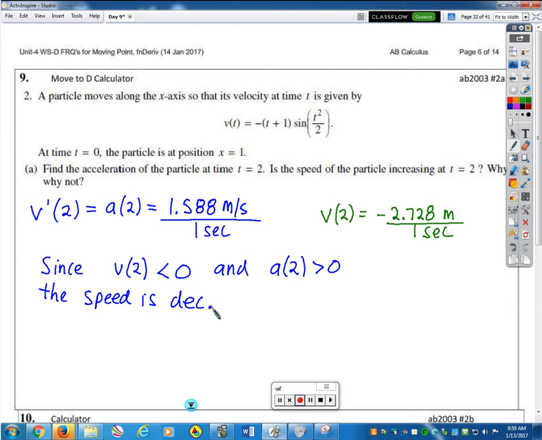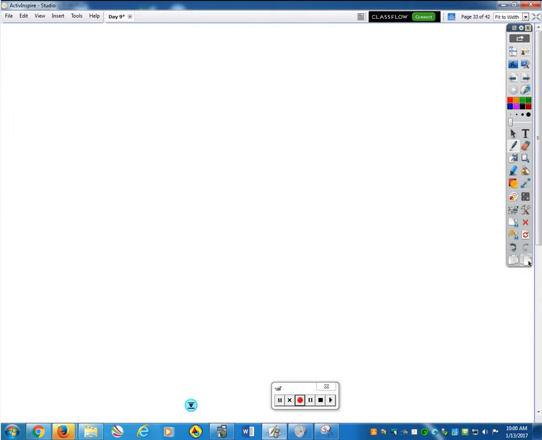We've already talked about how to compute change in position. We compute change in position by doing the integral of the velocity. So don't forget, change in position is found by integrating the velocity.